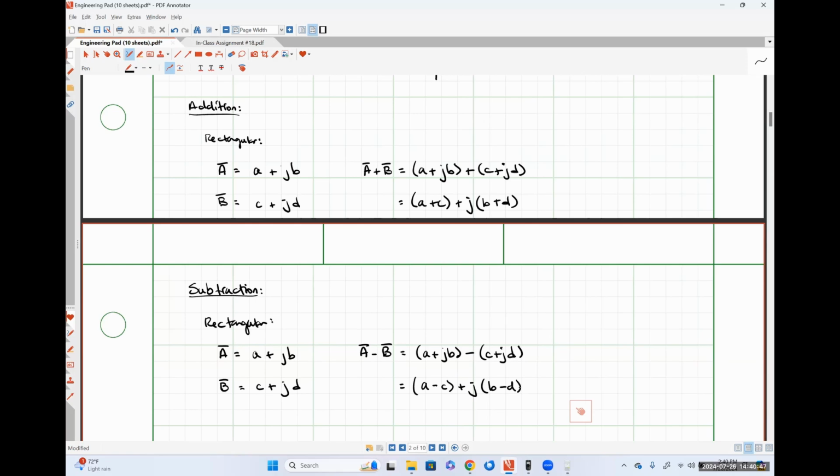It is much, much easier to just convert your polar form complex number into a rectangular form complex number in order to do the addition or subtraction operation. Your calculator can do it all day long, but if you were to do it by hand, it would be a huge pain. So that's why we don't even bother mentioning it.